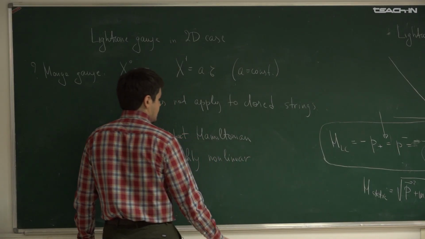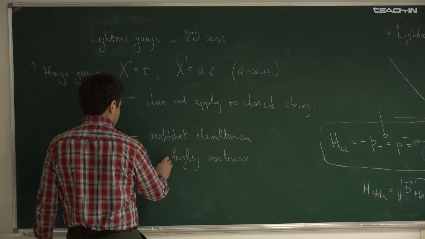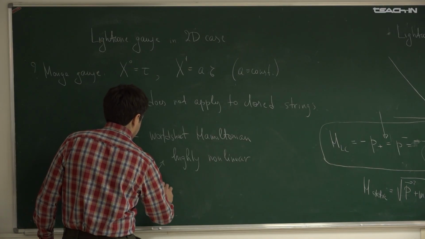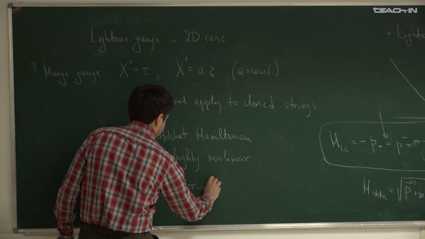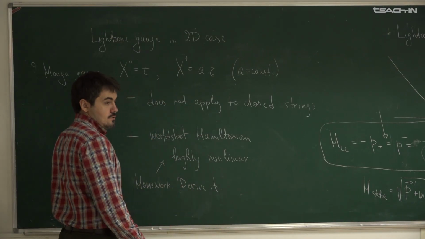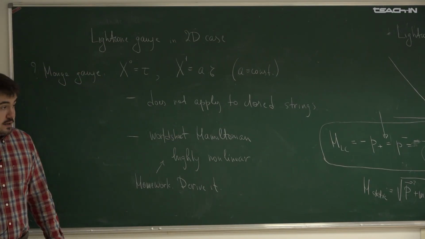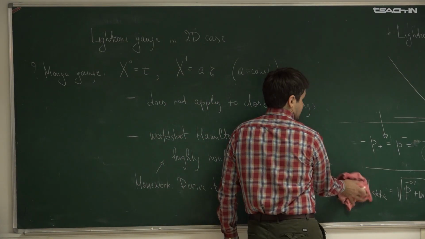So this is kind of homework to derive it. In the same way like we just did for the case of the particle, you can derive the worldsheet Hamiltonian and find that it's some terrible square root that you would not want to deal with.